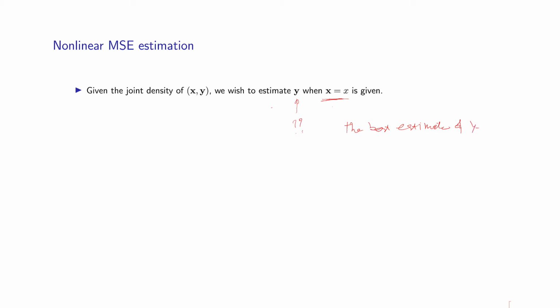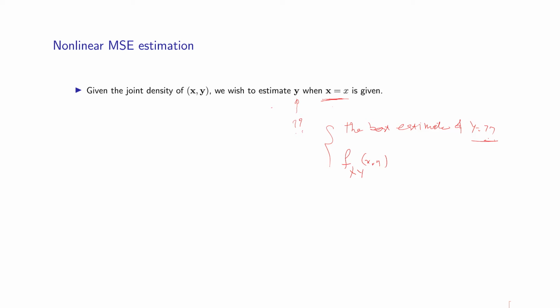of y. So we want to give an estimate for y, and we have the joint density f_XY of x and y. So we need a function or some relationship which can give us this best estimator.